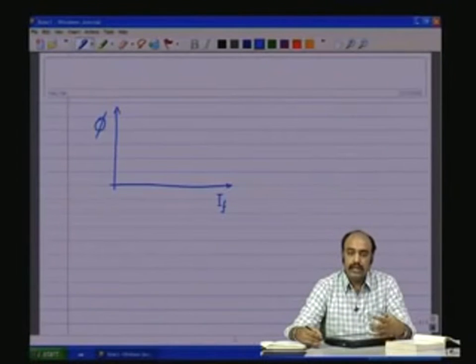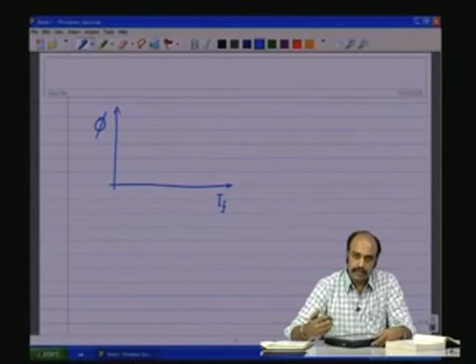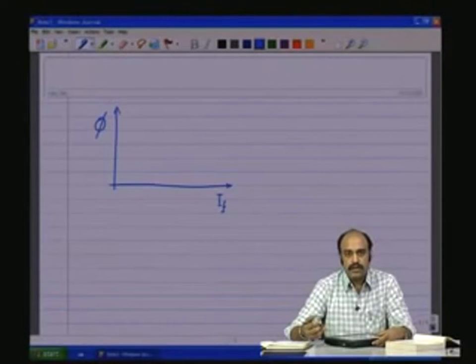The field current in the electromagnetic poles that we saw in the last session can be obtained either from a separate source, then it is called a separately excited machine, or it can be taken from the generated EMF, then it is called a shunt or self excited machine.